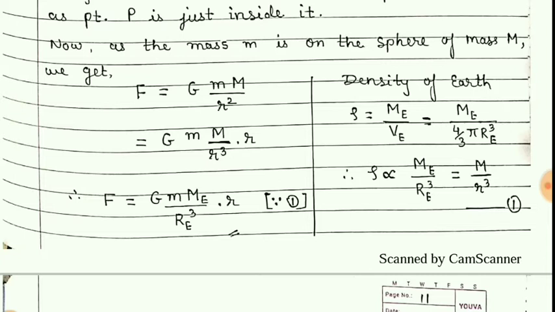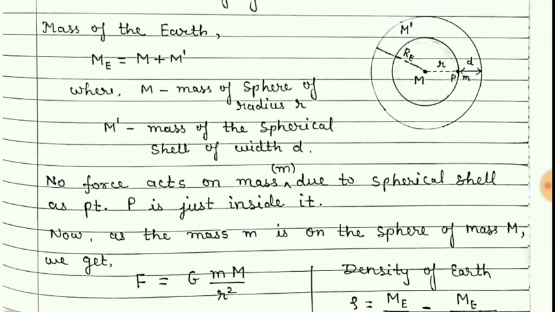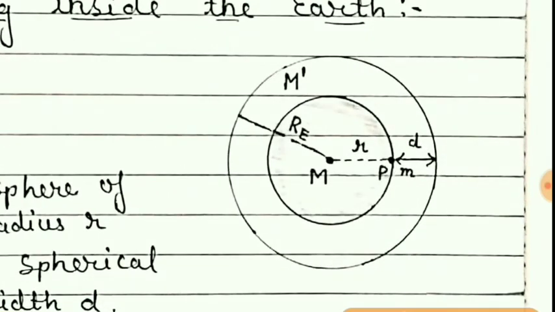If we consider the total mass of the earth, then there will be the radius of the earth, and if we consider mass of that solid sphere m, then we have to consider that radius of mass m. Once again look here, if we consider this much mass, then that radius.